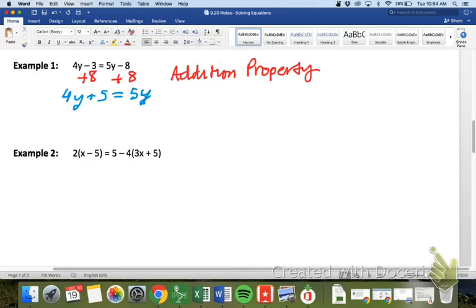So now, I'd like to have my variables over on one side, and right now I have a 4y and a 5y on either side. So I'm going to scoot the 4y over to the other side by subtracting 4y from both sides. And that would be the subtraction property.